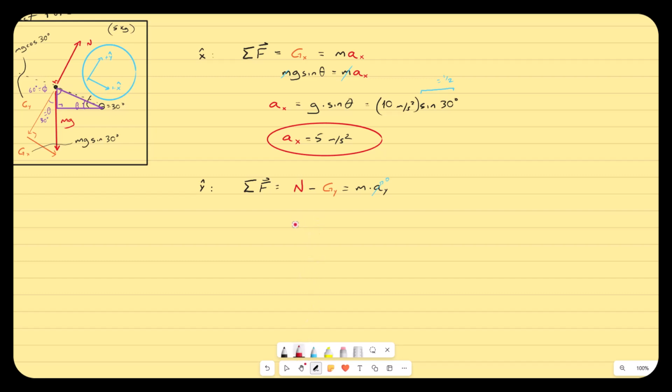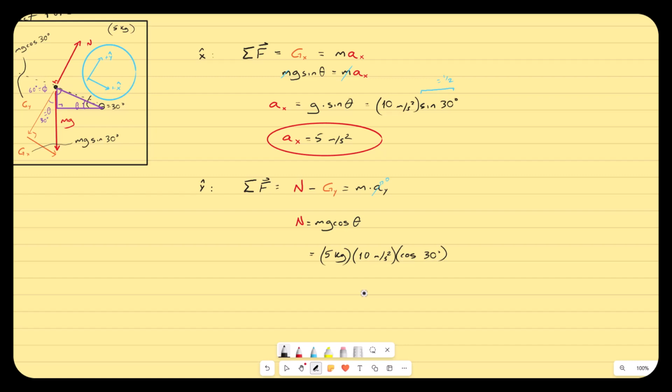That lets me solve. My normal force is equal to gy, and gy I said was mg cos 30. So I'm going to get 5 kilograms, 10 meters per second squared, times the cosine of 30 degrees.